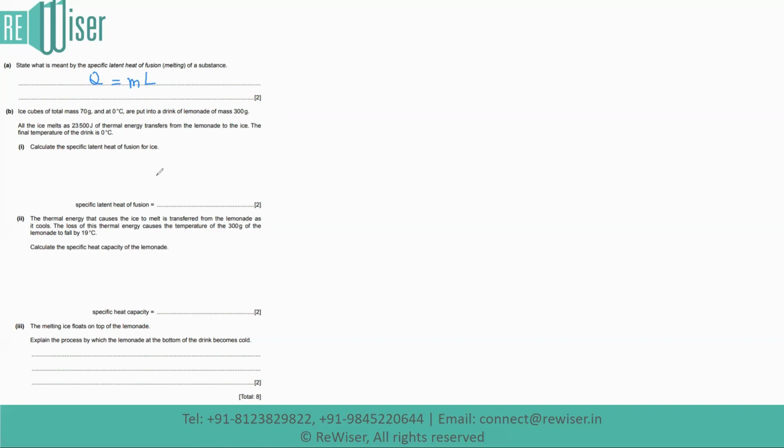As I've declared here, the specific latent heat is given by the formula Q is equal to ml. Here Q is given as 23,500.